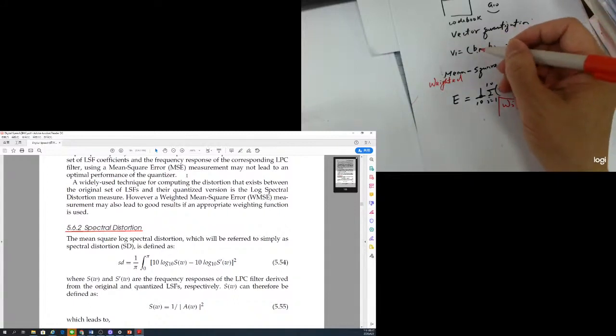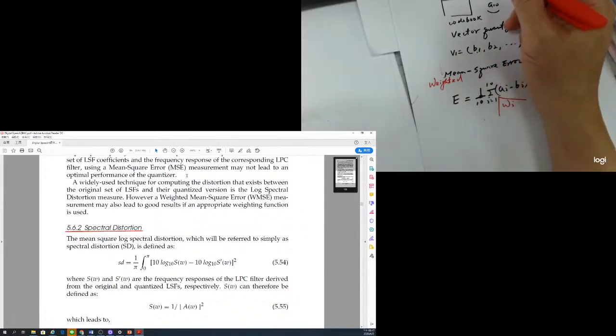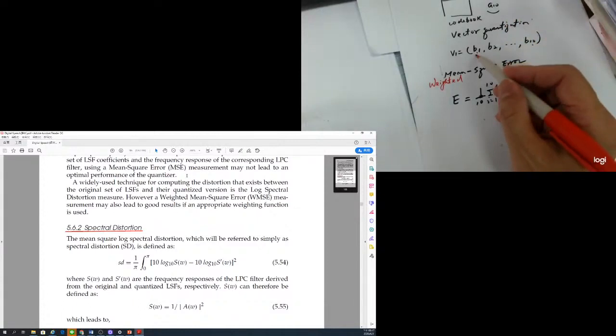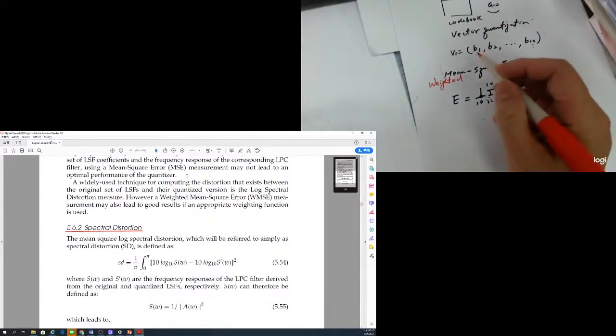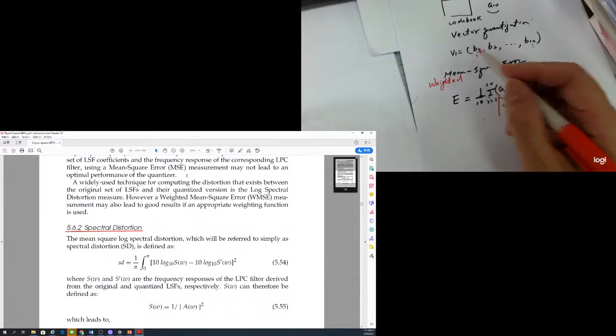Most of the time we highlight low frequency, because line spectrum frequencies have a frequency order, so they can be low frequency and high frequency. For low frequency, the weighting value becomes bigger.